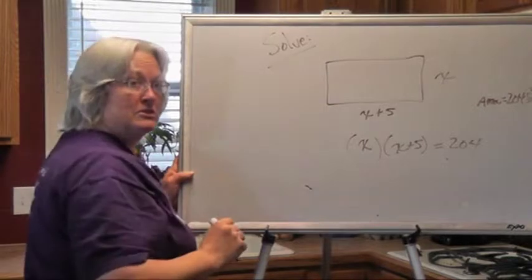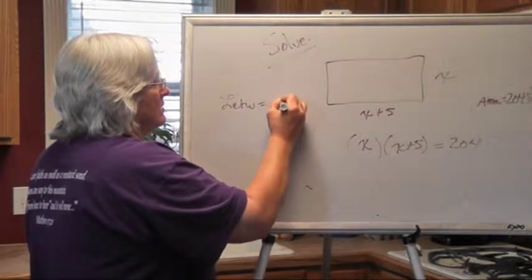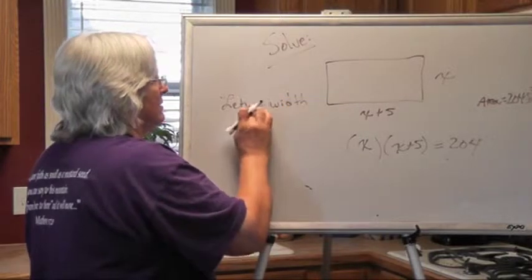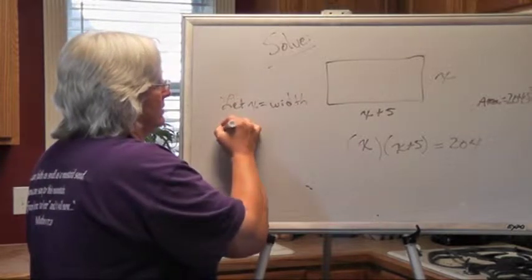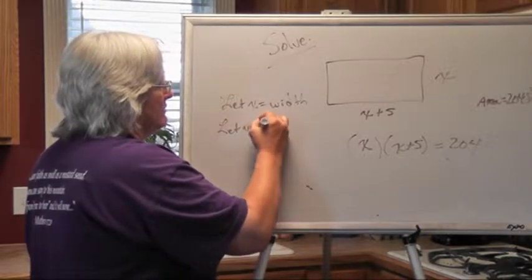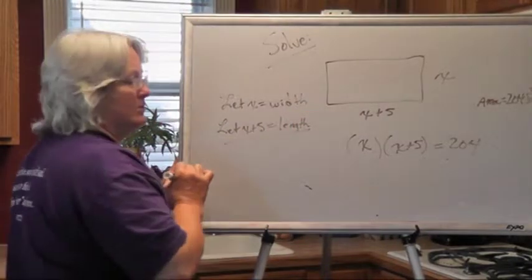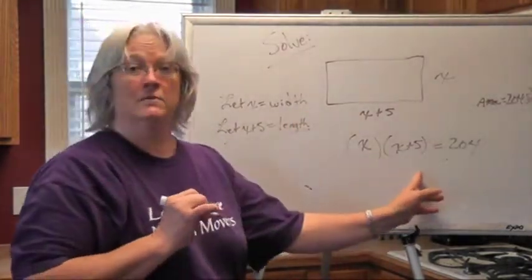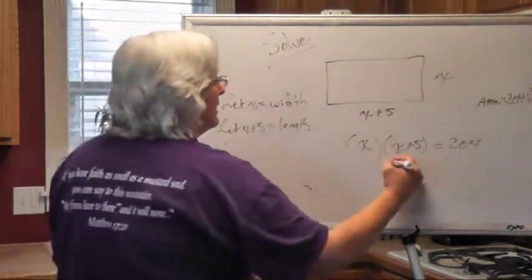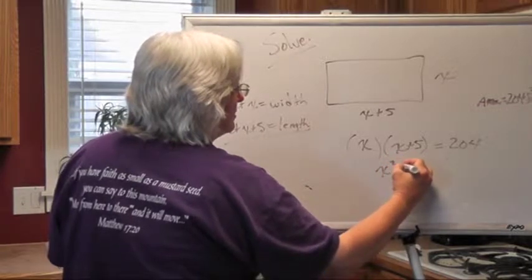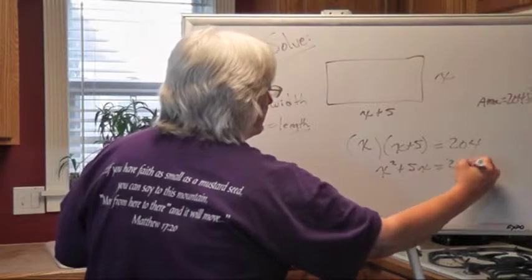If I didn't want to do the sketch, I can say let x equal the width, then let x plus 5 equal the length. And when you do that, you have the width times the length is equal to 204. Now you have x squared plus 5x is equal to 204.